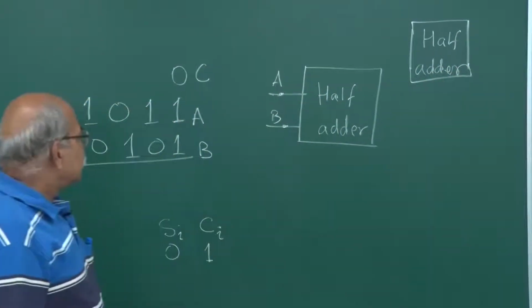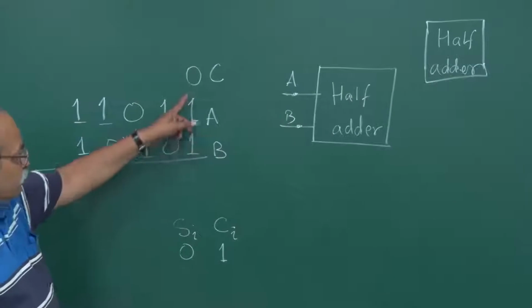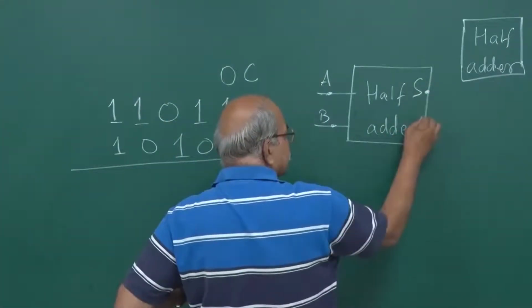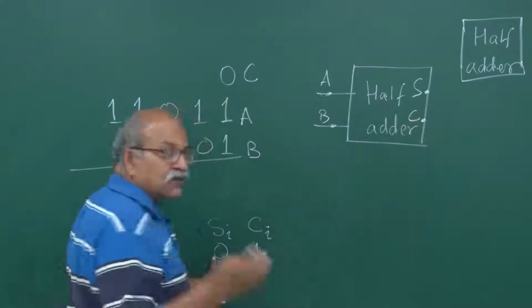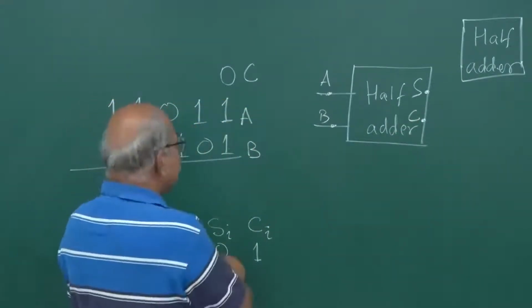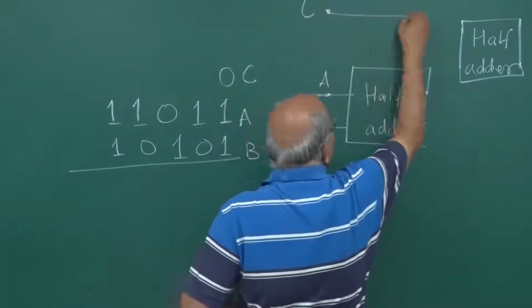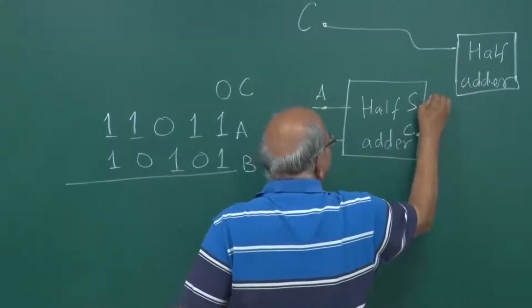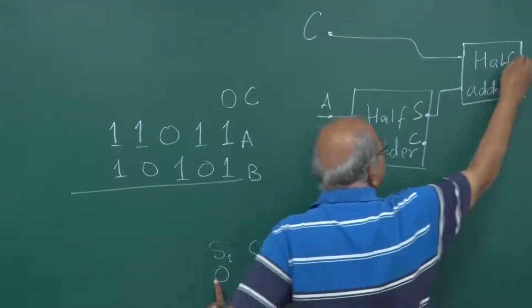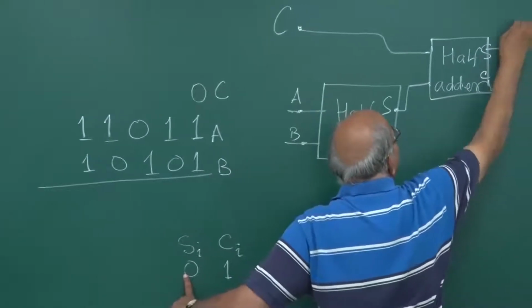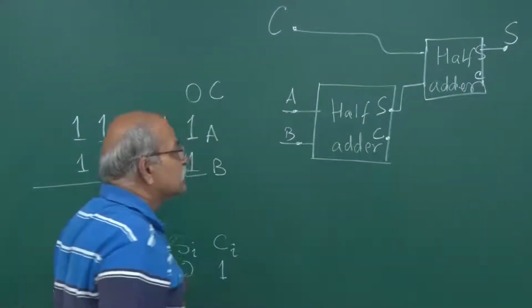And I say that the sum that I am getting from this, so this is the sum point, this is the carry point, you know, in the half adder you have two outputs. So this sum and that carry, and here that is the carry. So this carry and the sum, they go here, and then the sum, this is our final sum.